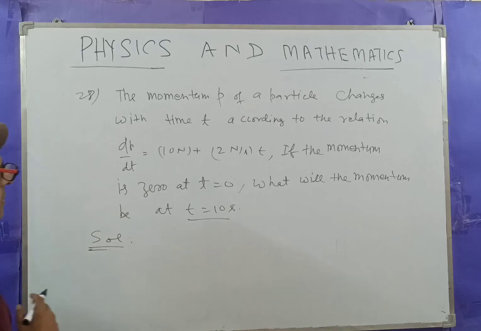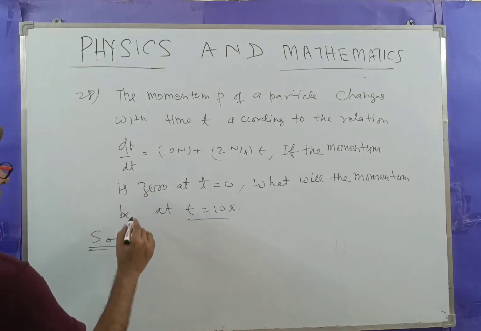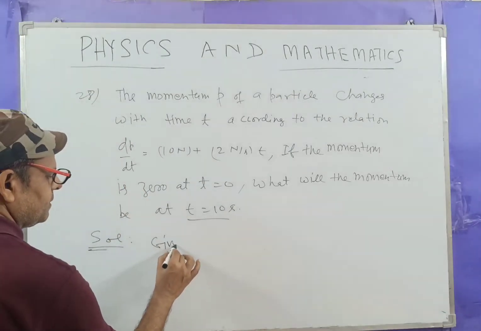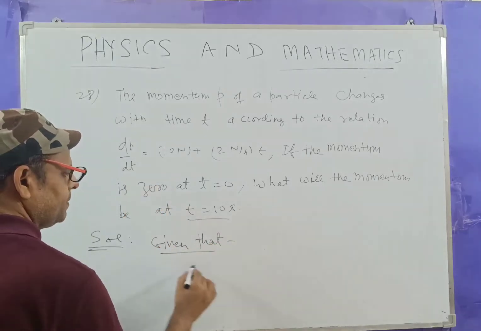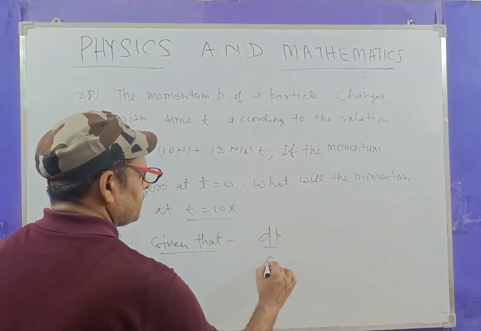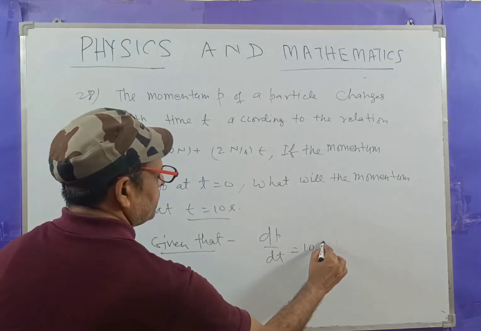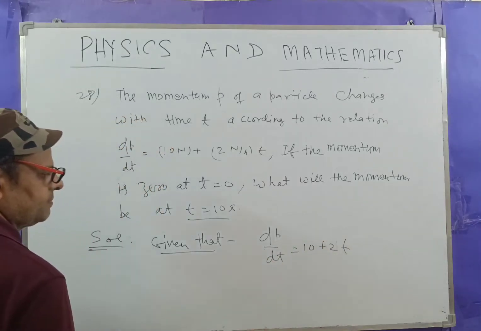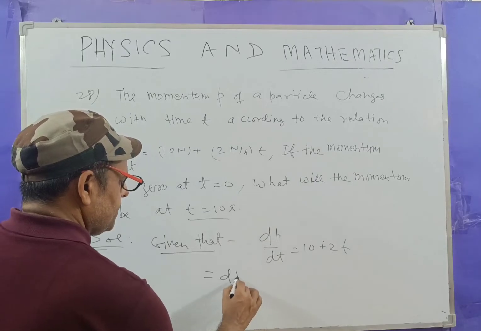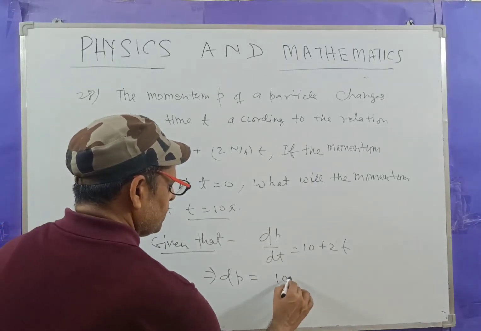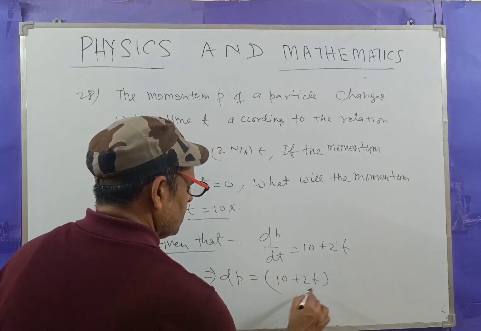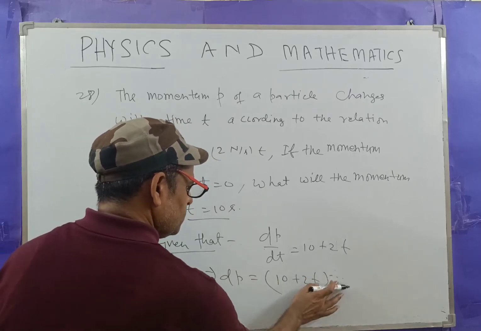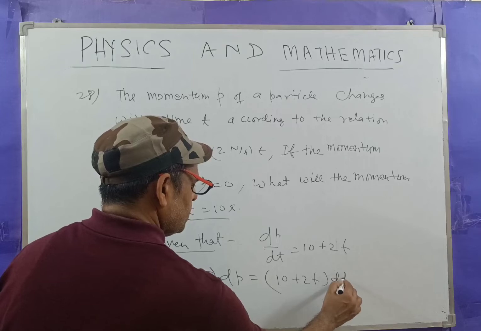You can write here, it is given that dP by dt is equal to 10 plus 2t. You can write dP is equal to 10 plus 2t dt.